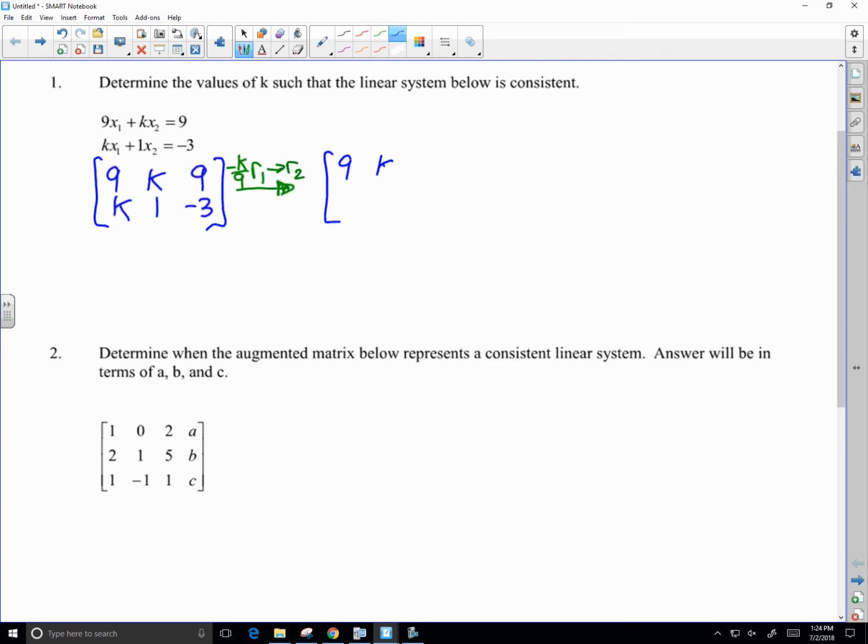9K, 9, 0. A little bit more complicated here. This is going to be negative K squared over 9 plus 1. That's exciting. To row 2, yep.